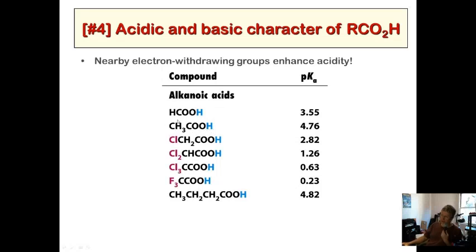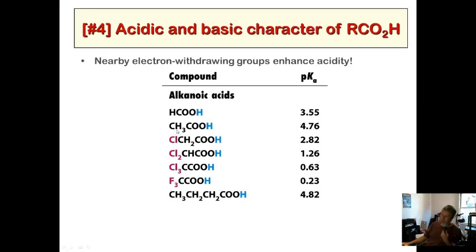This is acetic acid versus formic acid, and so electron withdrawing groups will enhance acidity and make the pKa lower. So electron withdrawing makes the pKa lower. Electron donating makes the pKa higher, and it destabilizes the conjugate base. What I'm trying to show is why formic acid and acetic acid have this appearance. Formic acid doesn't have anything on the carbon, right? It just has an H.